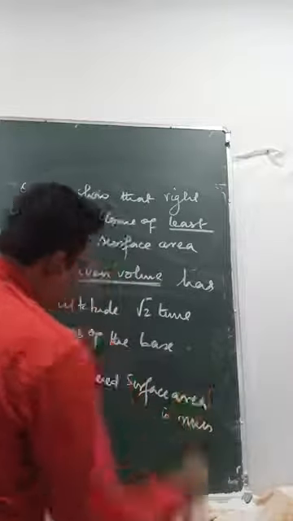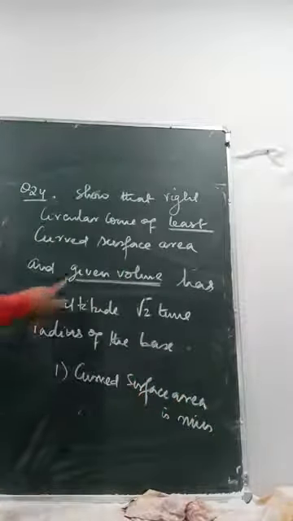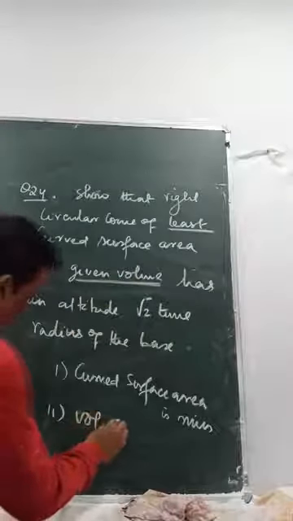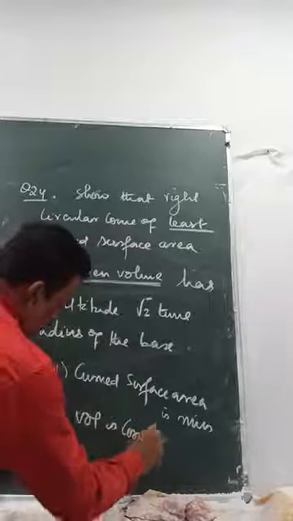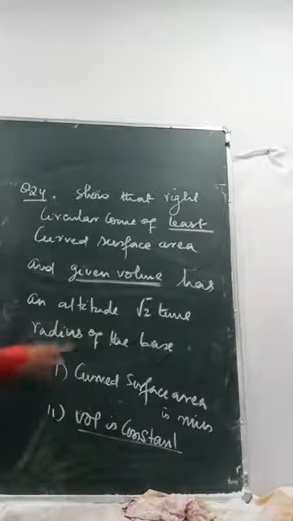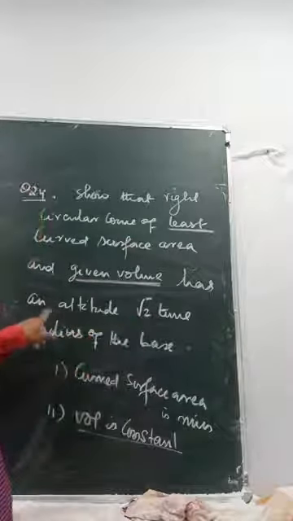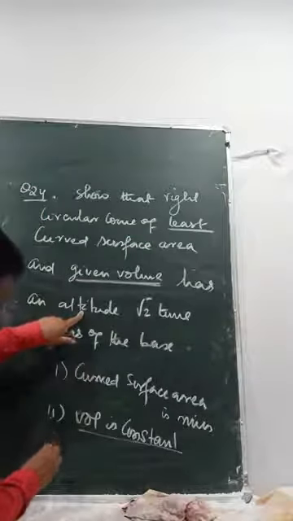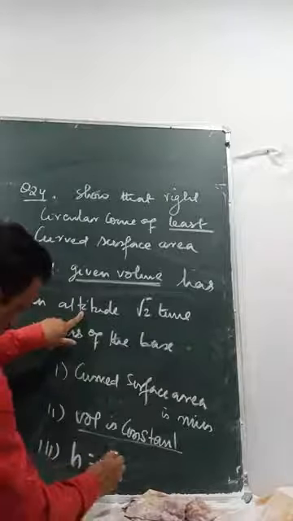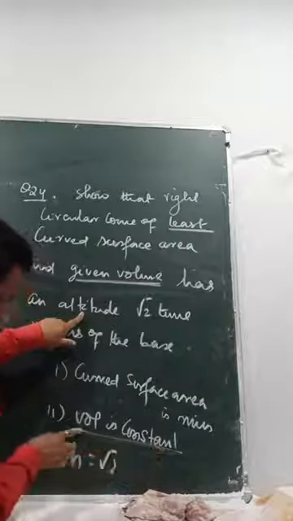Least means minimum you have to prove. Given volume. Second, volume is constant. Given volume is constant. Again you have to prove has an altitude means height. You have to prove height equals to √2 times radius of the base.